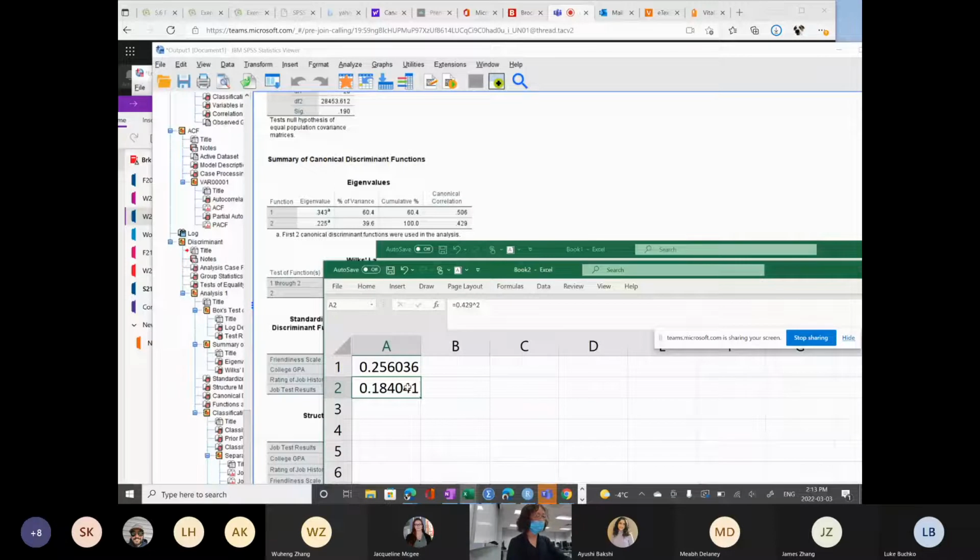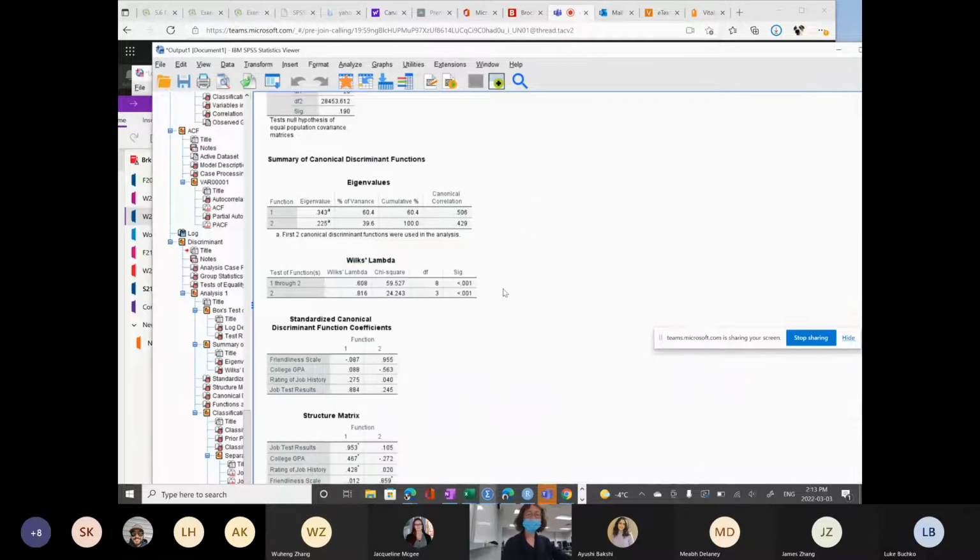We have two functions here. So that is the eigenvalue.